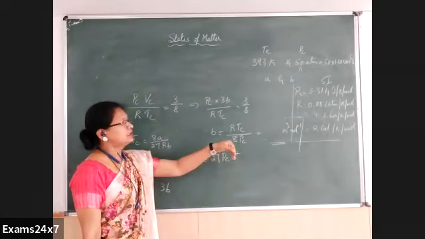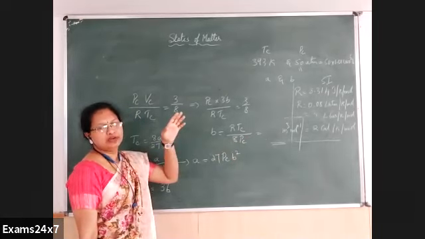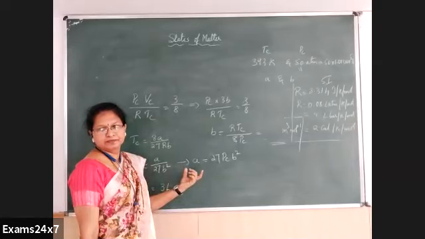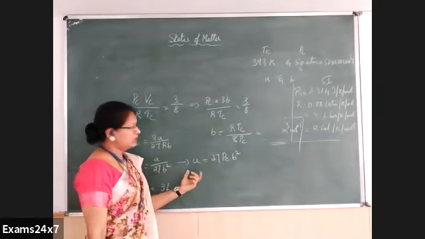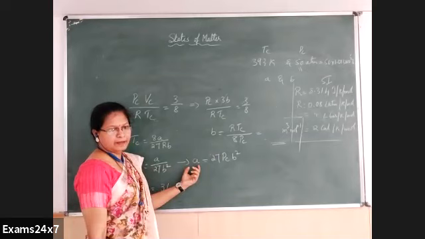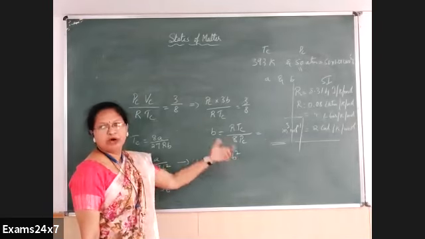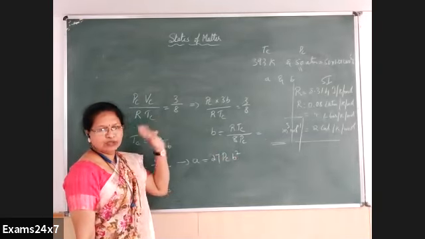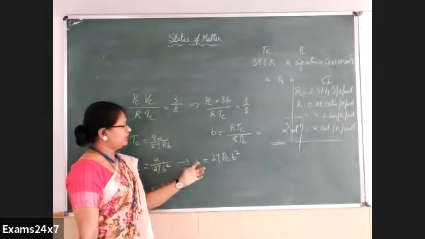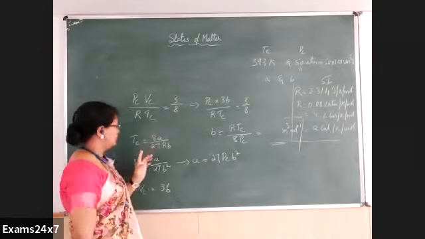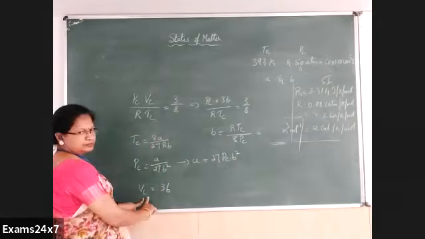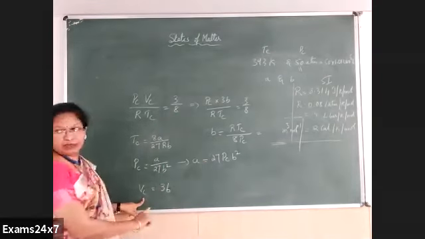Or suppose you do not know the value of B, assume some question is asked where you have to find A without knowing B. Then what would you do? B equal to VC by 3, no?